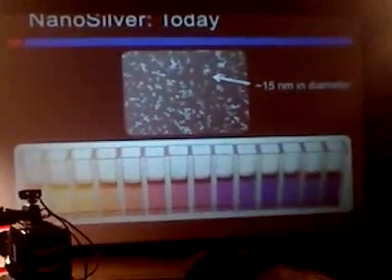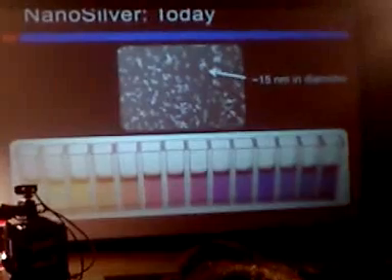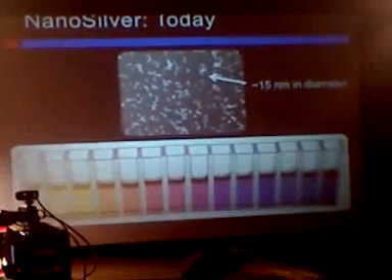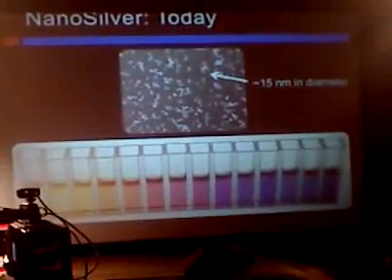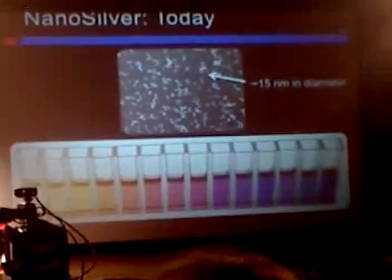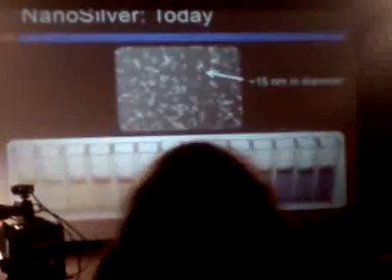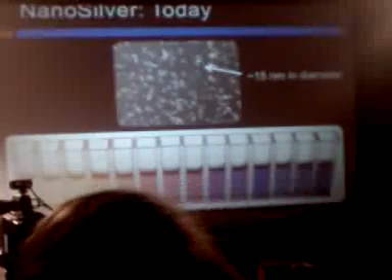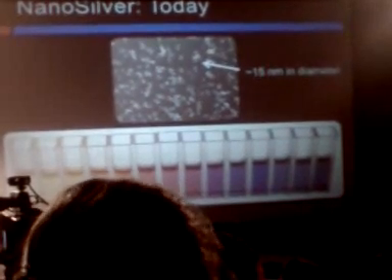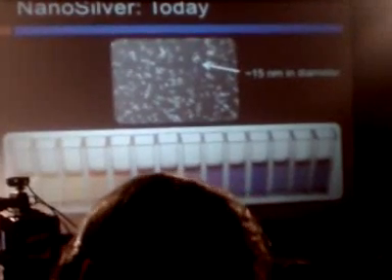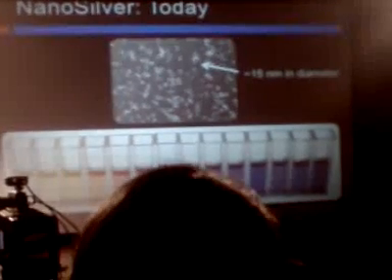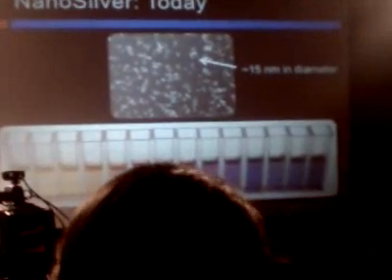Extremely, extremely small. Down here, which looks like juice, that's actually vials of a liquid with silver in them. I talked earlier about how changing the particle size changes the color, and this is an example of that. The particle is gradually getting bigger as you go to the right, so the color changes.